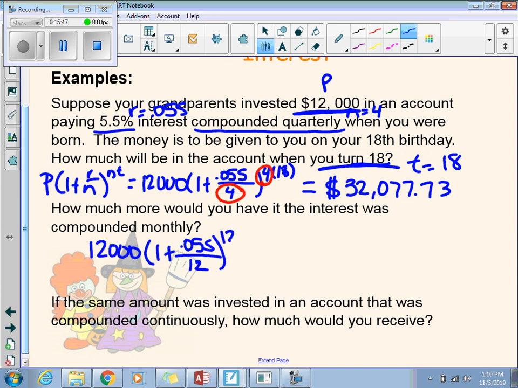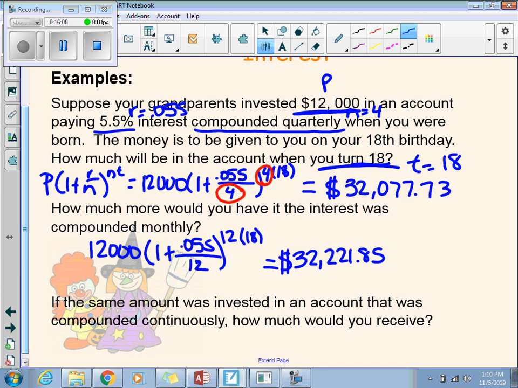So 12 times 18. And so there we're going to get $32,221.85. But that's not what they asked.